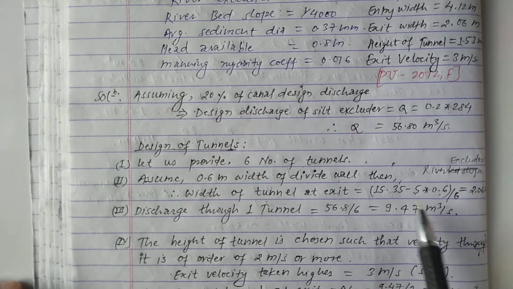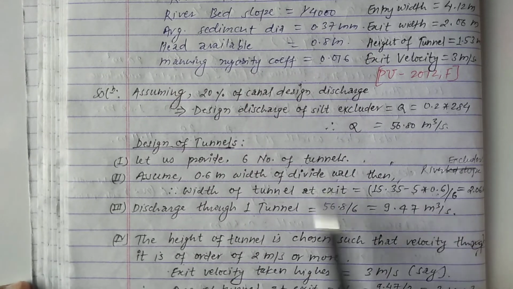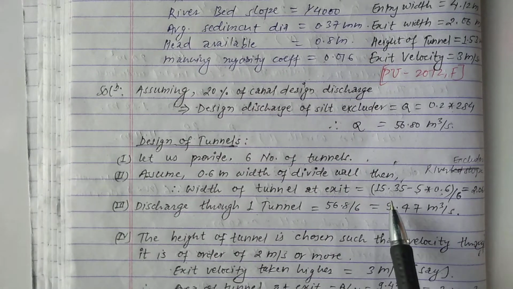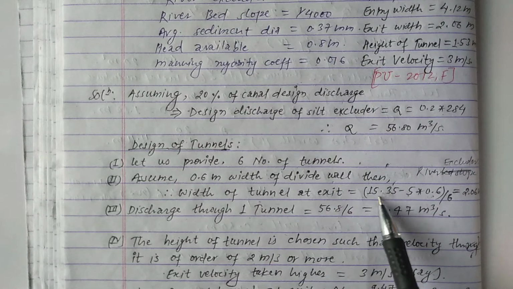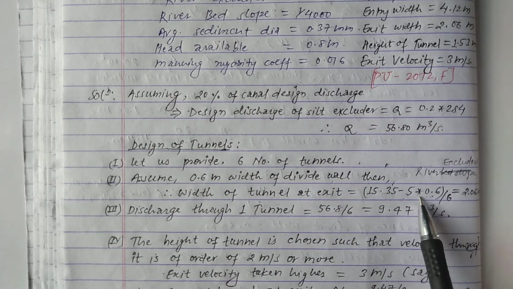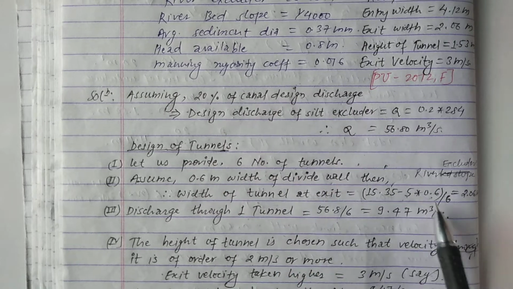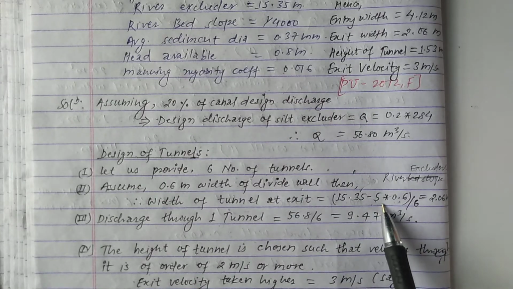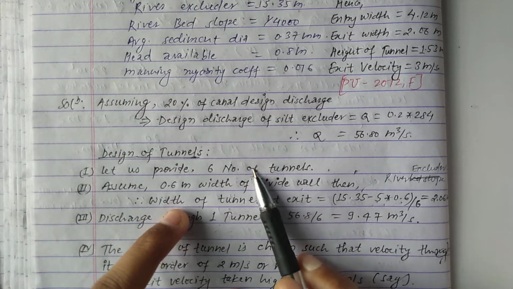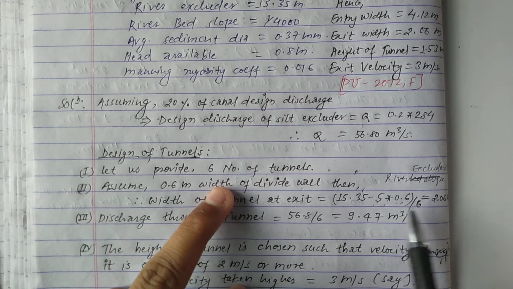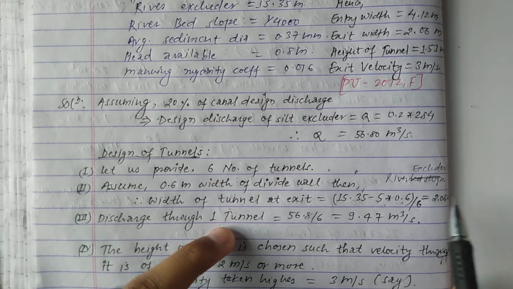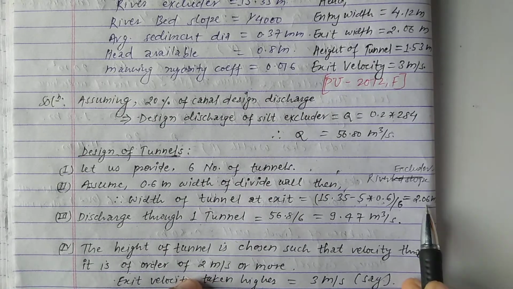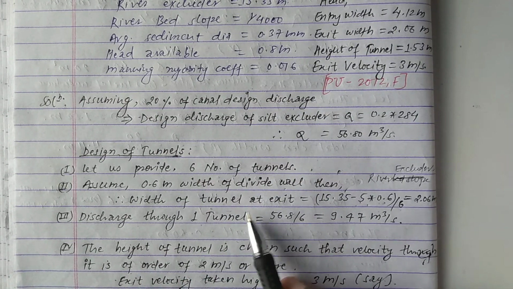So we have to just minus this width of divide walls from the river excluder. So the river excluder is given 15.35 meter minus 5 times the width of divide wall. Okay, so this value becomes, and for a single tunnel we have to also divide this value by the number of tunnels, that is 6. After calculating this value we get 2.06 meter. Okay, that is the width of the tunnel at exit.